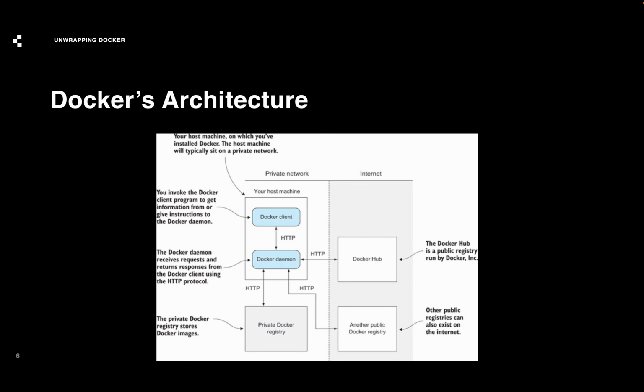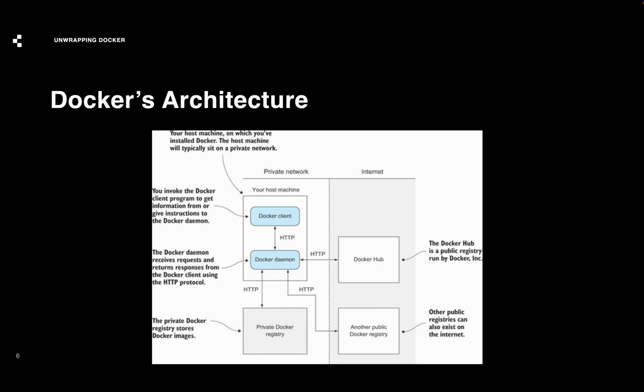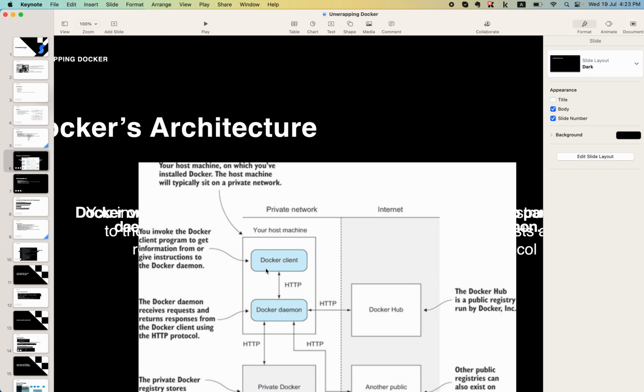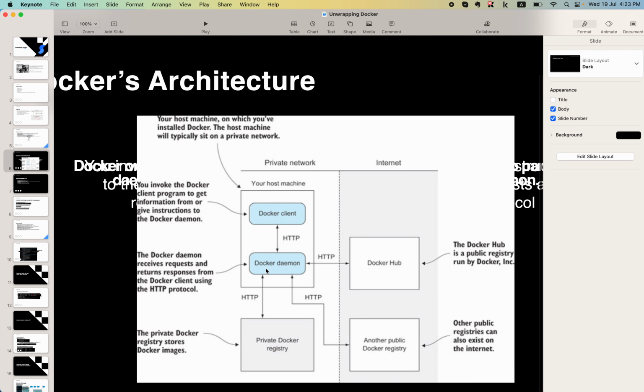So let's understand it in depth. Let me just zoom out. Okay, so this is our architecture. This is our Docker client, this is our host machine, by the way, and this is our internet. We are not discussing this part at the moment. What we are discussing is this part.